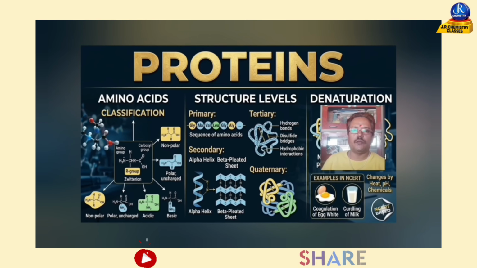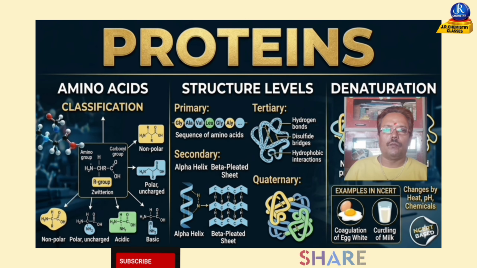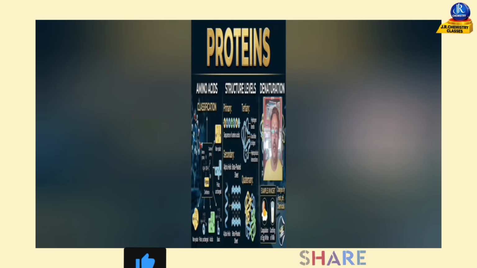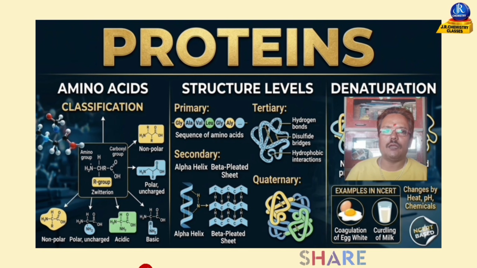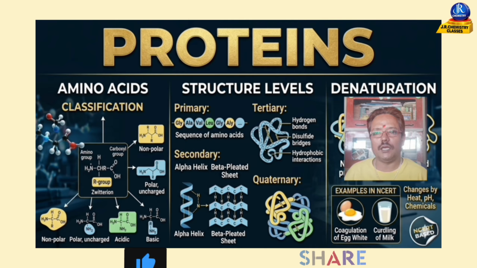Hello students, you know proteins are the most scoring topic in class 12 biomolecules. Every year you get at least one question from denaturation and structure in CBSE, NEET and other state boards.